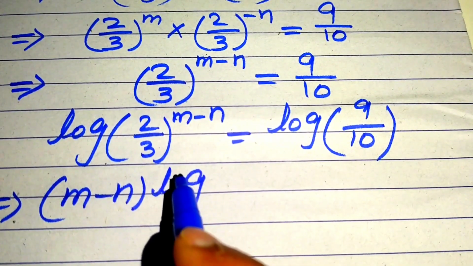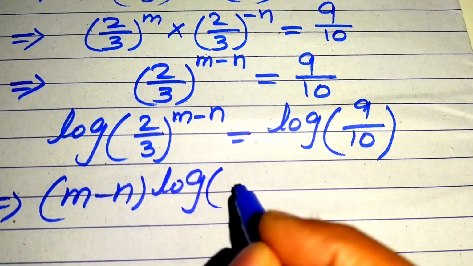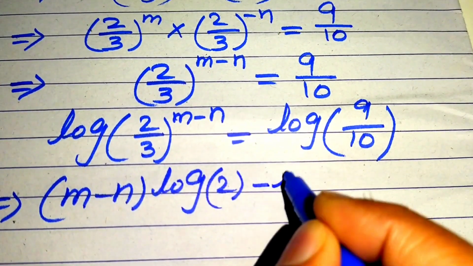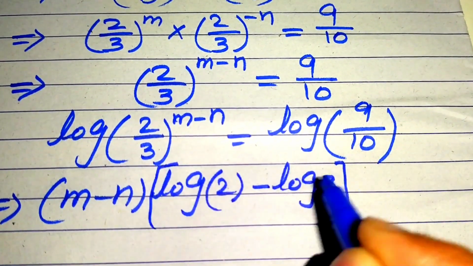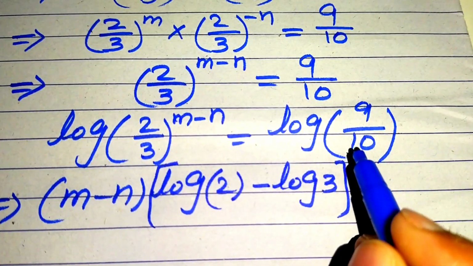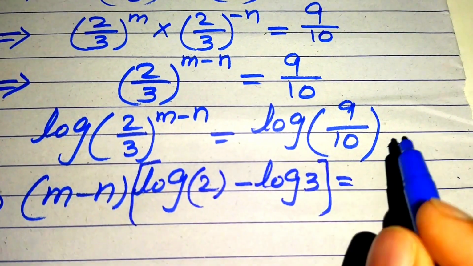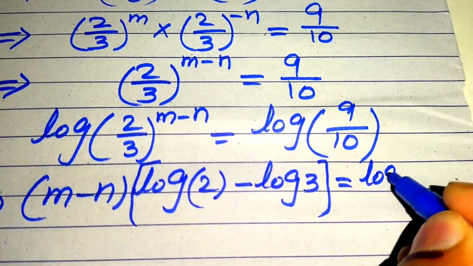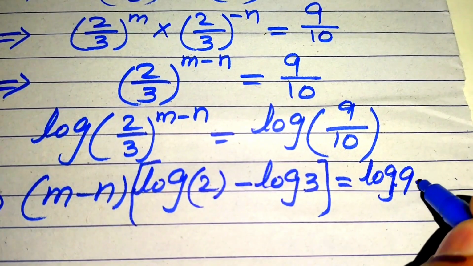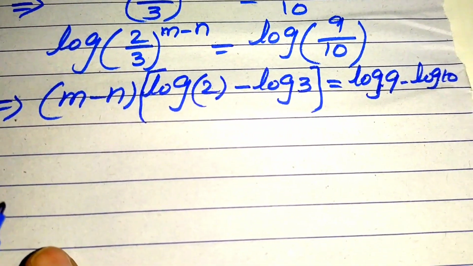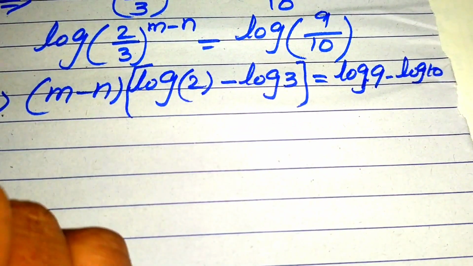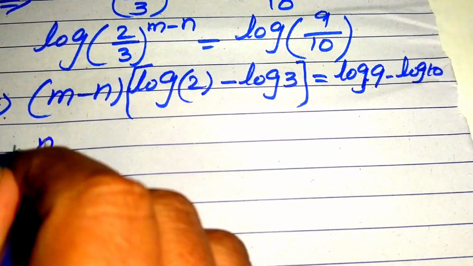Here we use the property of log and write it as log 2 minus log 3. And on the right hand side we again use the property of log, and you get log 9 minus log 10.